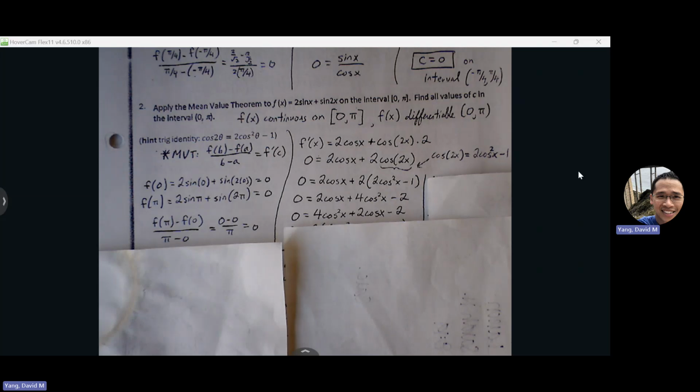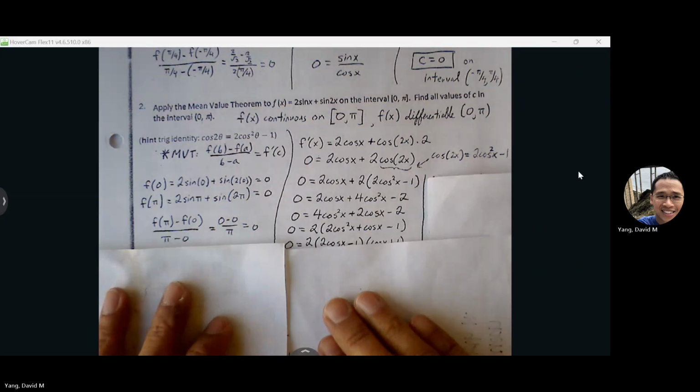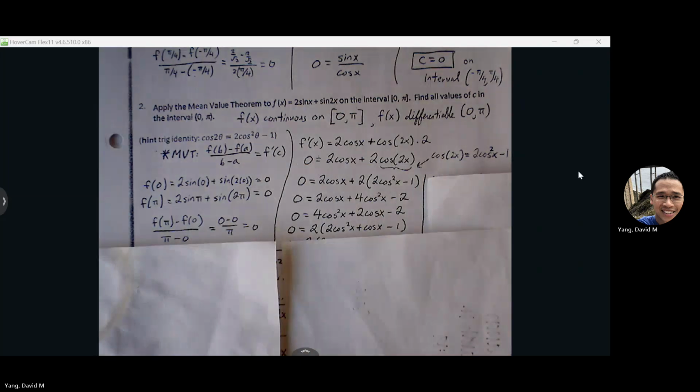If I have my degree 2 descending order, cosine squared followed by cosine x followed by the constant, I can go through factoring steps, factor the 2 out first. And if you don't want to factor in terms of cosine, then you can do an easier version of this problem.